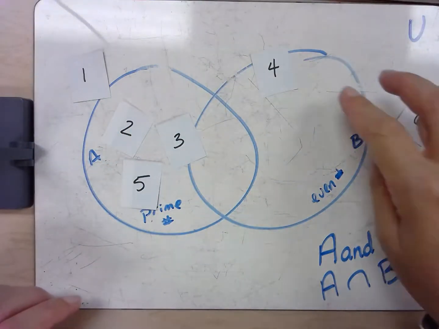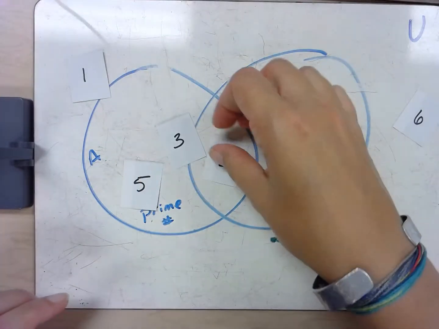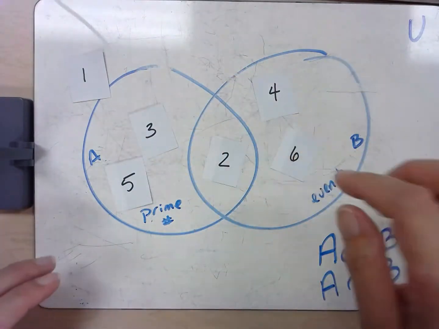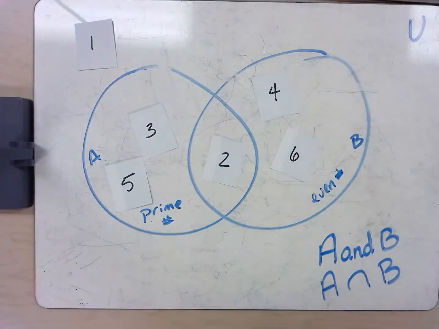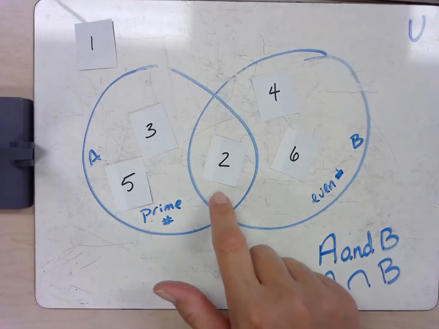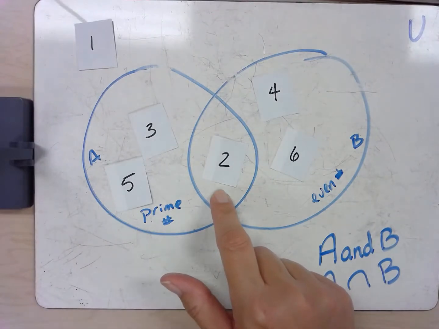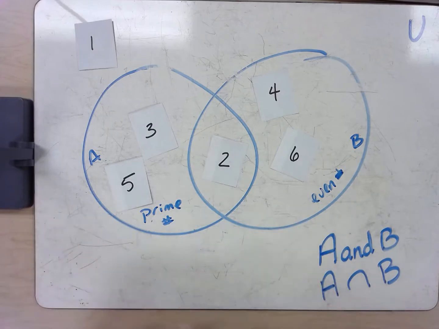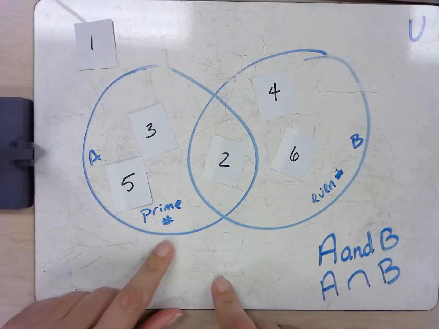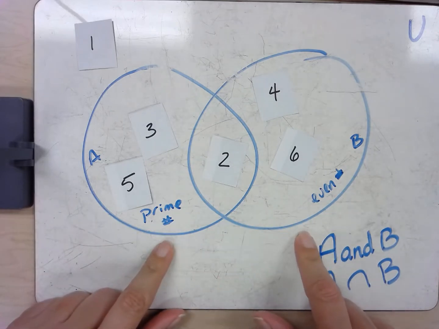And then our even numbers are 4, 2, and 6. Notice, 2 falls in both of those circles.